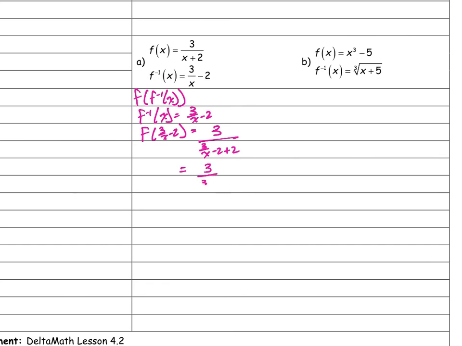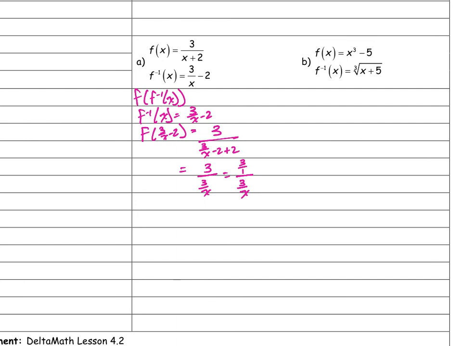So basically, once I get to this spot, it's dividing fractions. And yeah, I know 3 is a whole number, not a fraction, but I can write it as a fraction. I can write 3 over 1 divided by 3 over x, right? I can turn any whole number into a fraction by putting 1 underneath it.